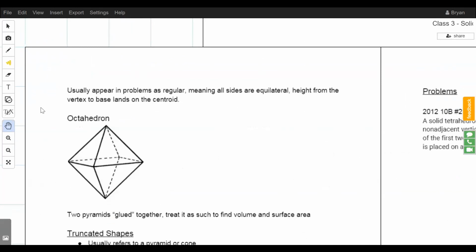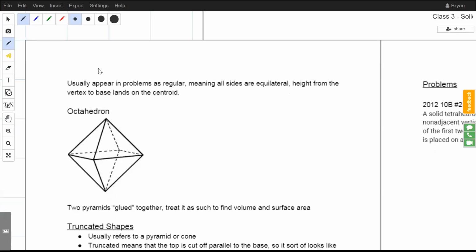Okay, and the next one I want to talk about is the octahedron. Like it sounds, it has 8 faces. Octa means 8. Basically it's just 2 pyramids, usually square pyramids, with their faces glued together.